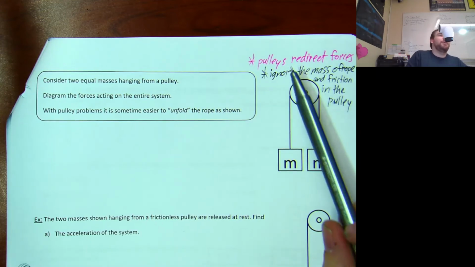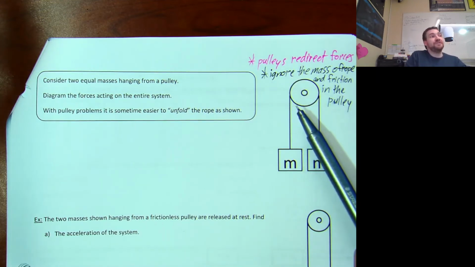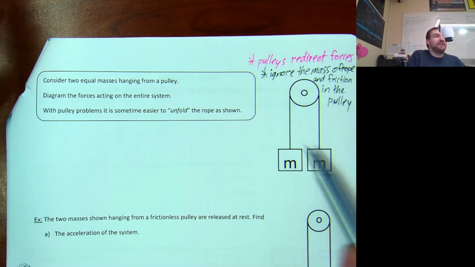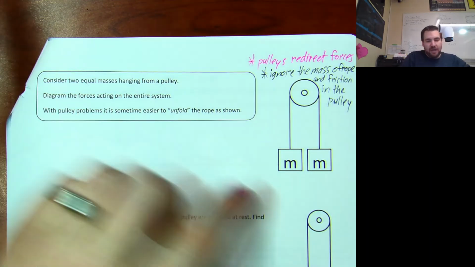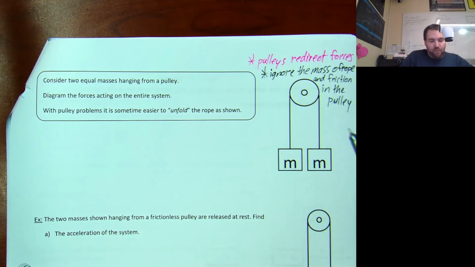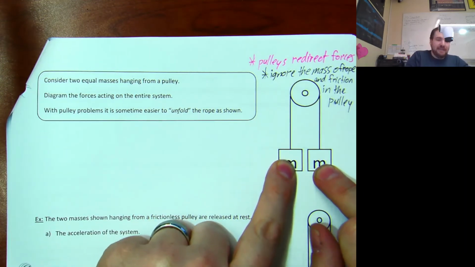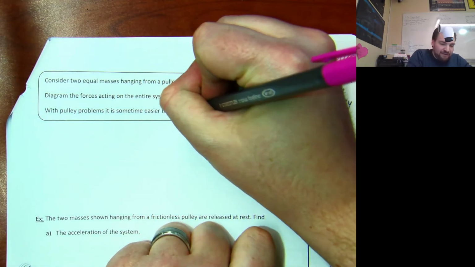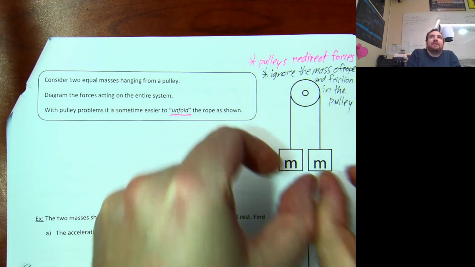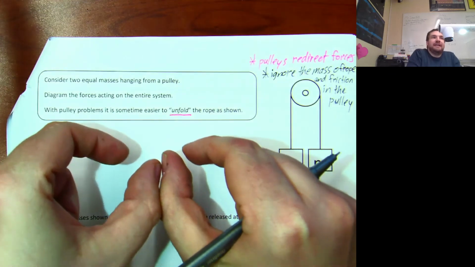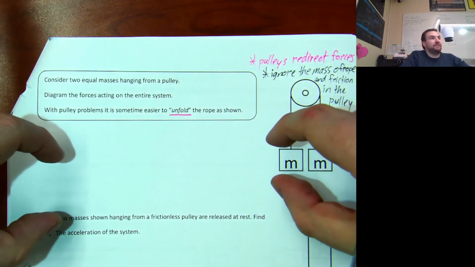So because the pulley is just redirecting the force, we can redraw this as if the pulley isn't there. Okay? I wrote it in here as being unfolded, but basically you're picking this object up off the pulley and stretching it out like this.